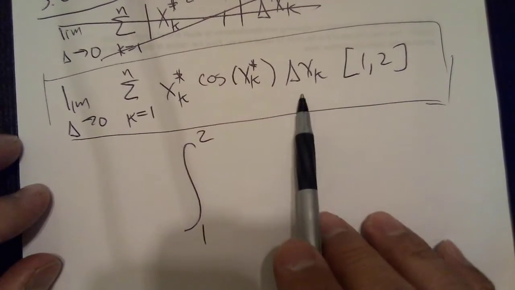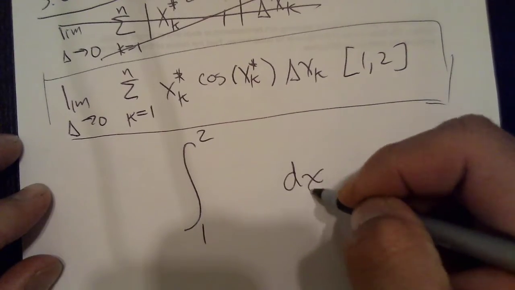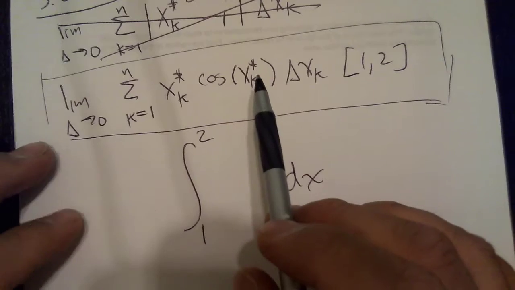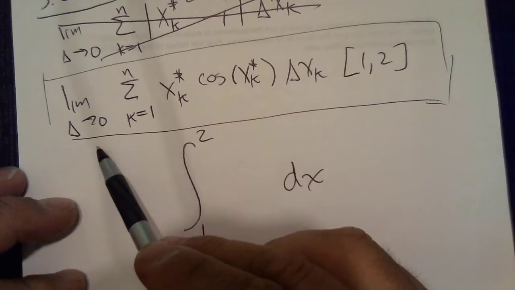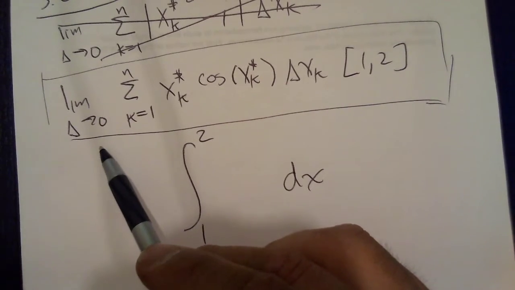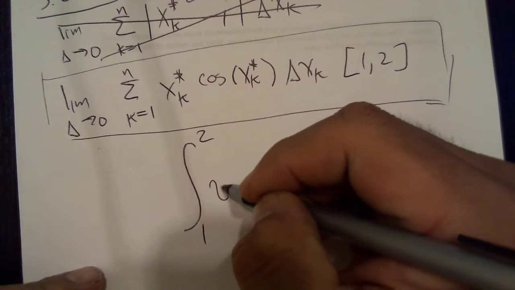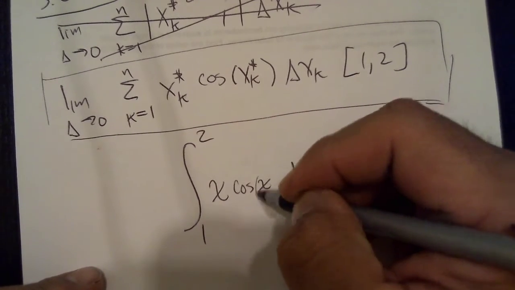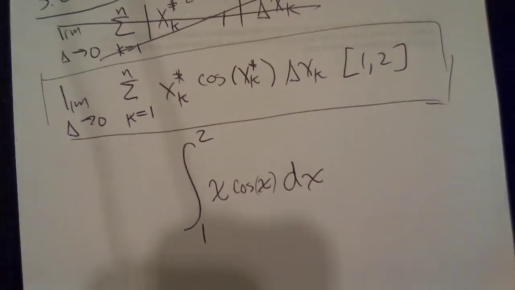And then here, my delta xk is my dx, and my x star is any x in the kth interval. But since I'm taking the limit as delta goes to 0, that just becomes my variable x, cosine x, dx. And that's it, right?